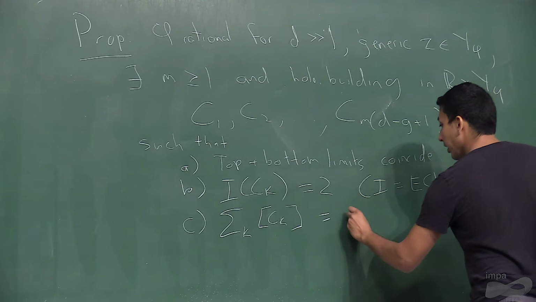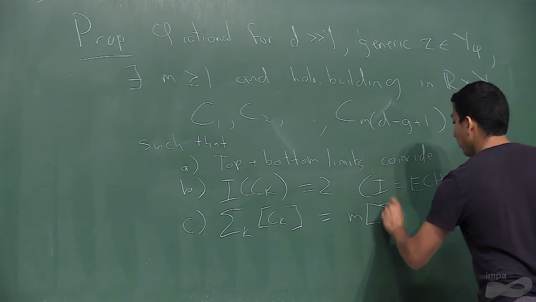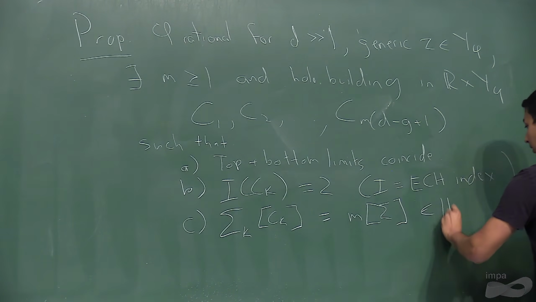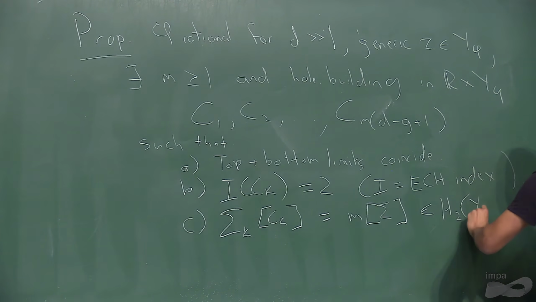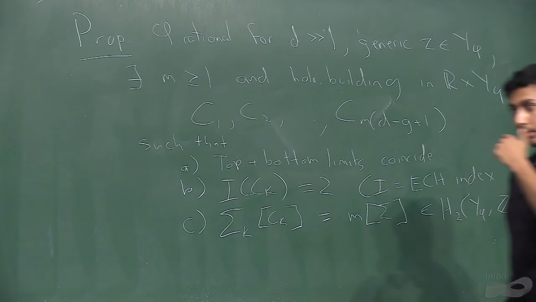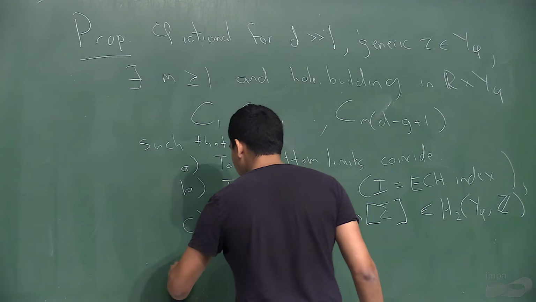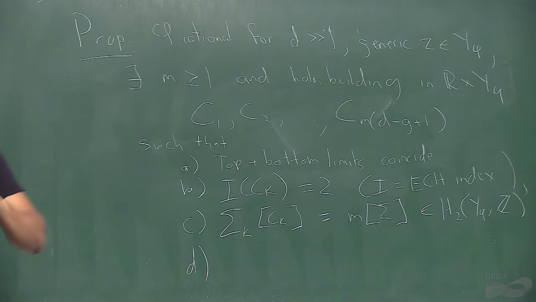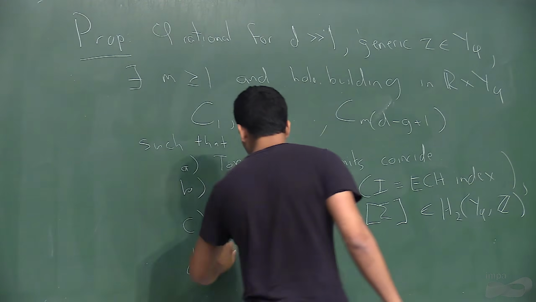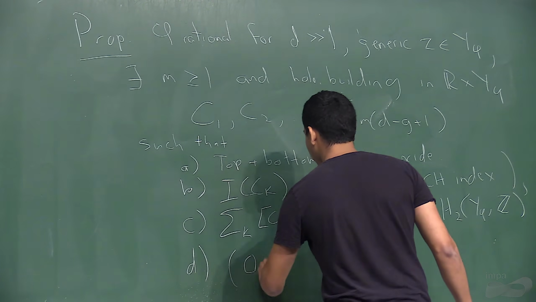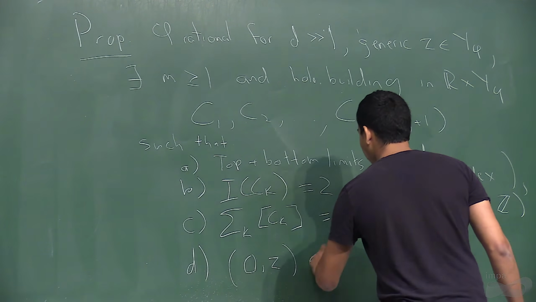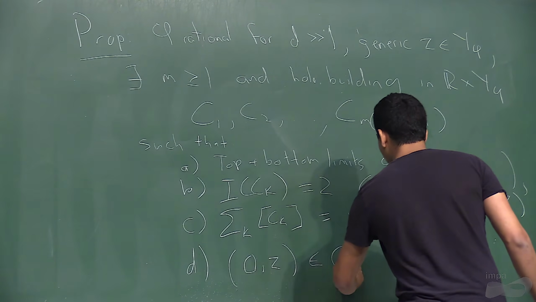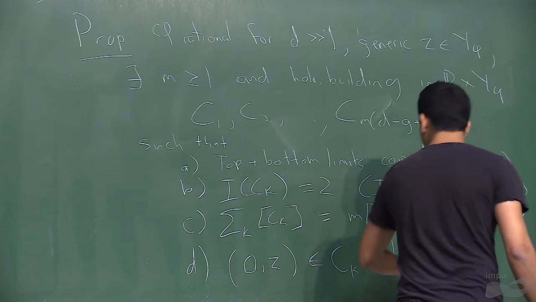So this is equal to m times the homology class of a fiber. And D is that the point (0, z) is contained inside C sub k for every k.